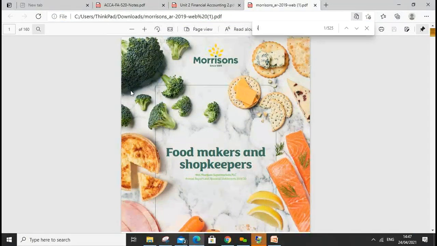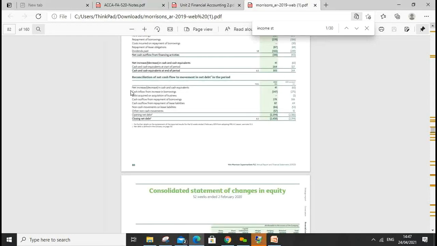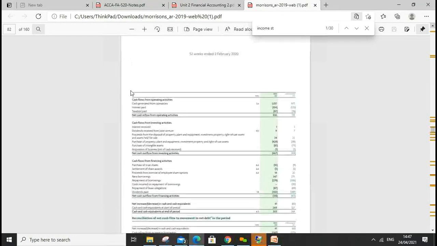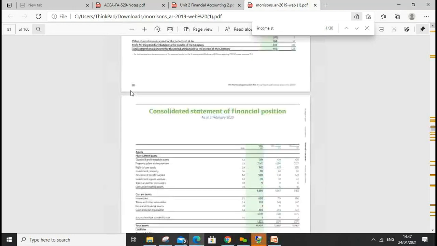We can go through the income statement, consolidated, on page 78. So all these are the statements.